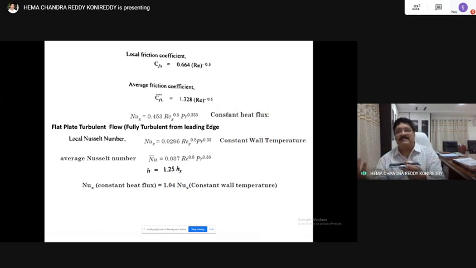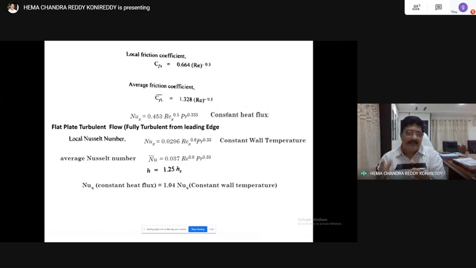What do you mean by constant heat flux? Someone said, due to this convection, 500 watts per meter square of heat is steadily leaving this surface. Or he may further say, there is an electrical heater at the bottom of the plate which is releasing 500 watts per meter square of heat, and without any further losses, the same heat is conducted through the solid and convected.